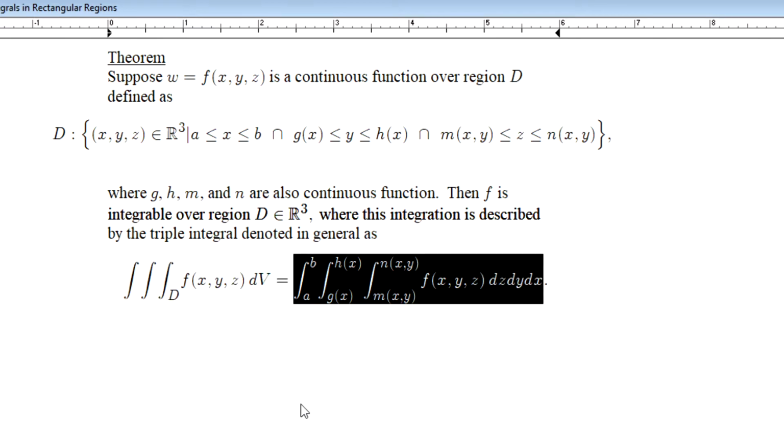With this understanding of D, this is our triple integration in its specific format with regards to the specifications on D, right?